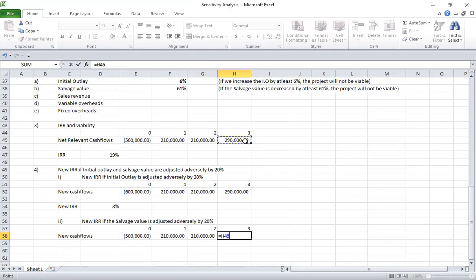The 290 now. What does it mean to adjust the salvage value adversely by 20%? You know, the salvage value is now a cash inflow. Adverse is to the bad. To the bad or to the adverse means that what do we do to the initial outlay? Do we increase or do we decrease?